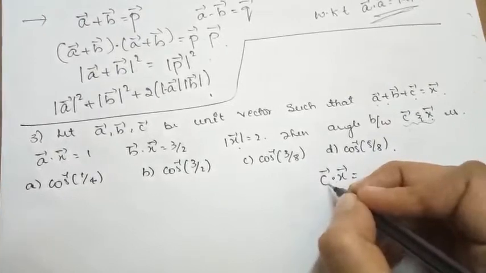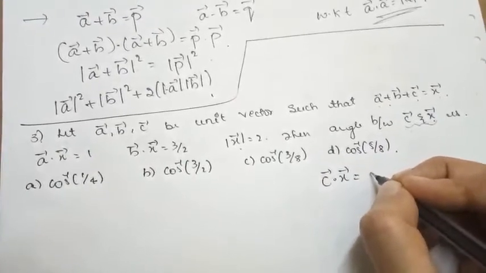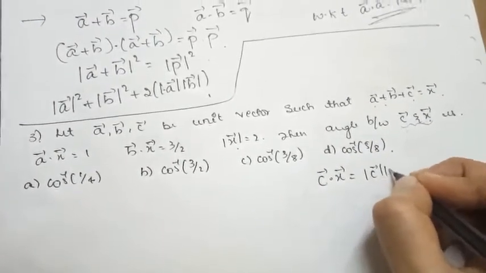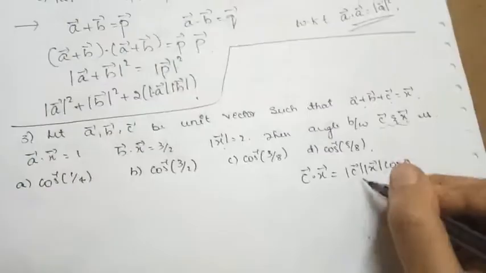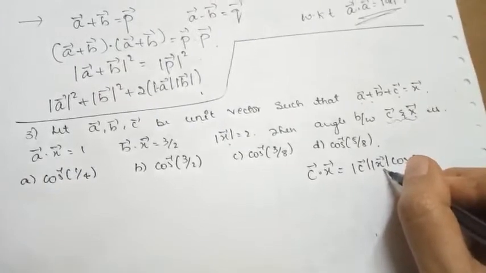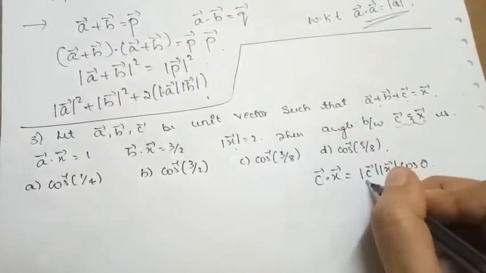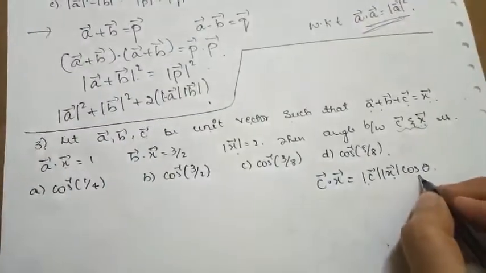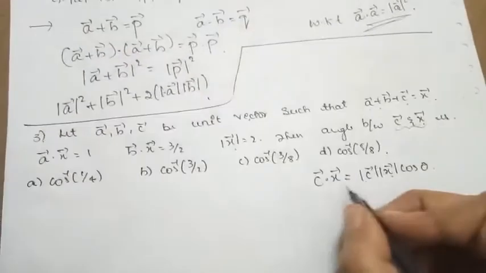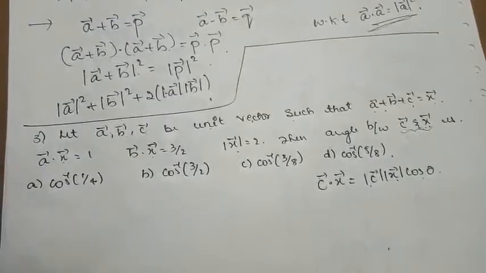So vector C dot vector x is equal to magnitude of vector C into magnitude of vector x cos theta. We know the magnitude of vector x here, that is 2. Magnitude of vector C is obviously 1 because it is a unit vector, and we need to find theta itself.